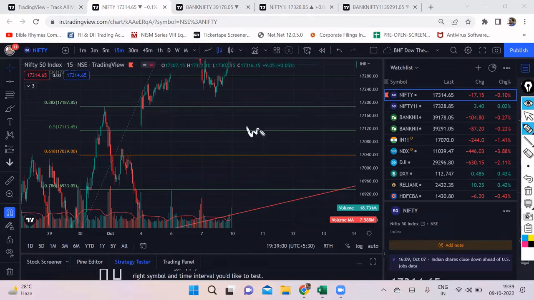In any case, they'll try to stay above this level. If that happens, then we can take a long entry with a small SL, and the target should be 17,200. 200 will be somewhere close to this swing. So 200 to 240 is something we can plan for.